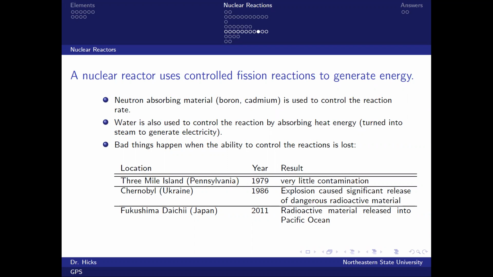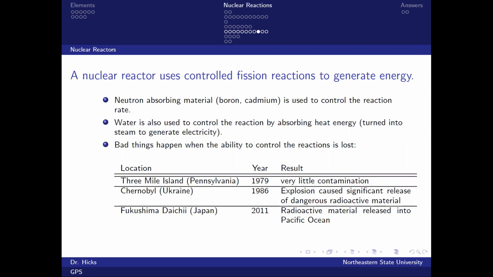So these control rods go into the fission reactor and they absorb neutrons, and that slows down the reaction. Water is also used to control the reaction by absorbing some of the thermal energy. And that's how you get electricity from a nuclear power plant. That cooling water is used to generate steam, and that generates electricity.